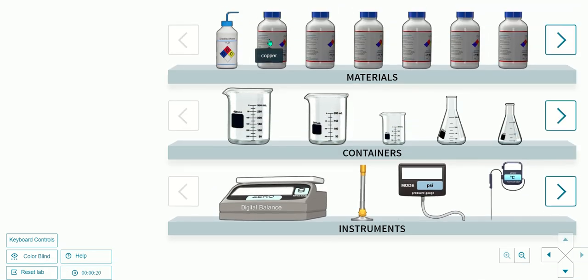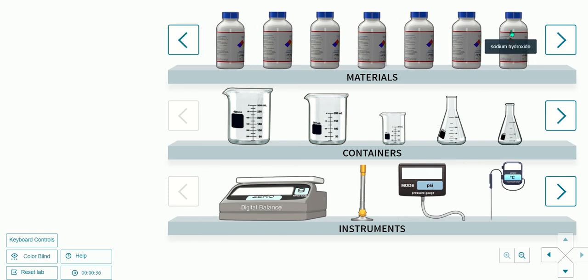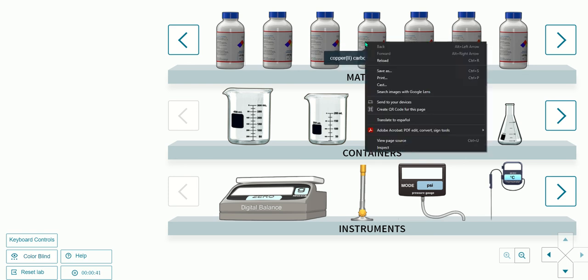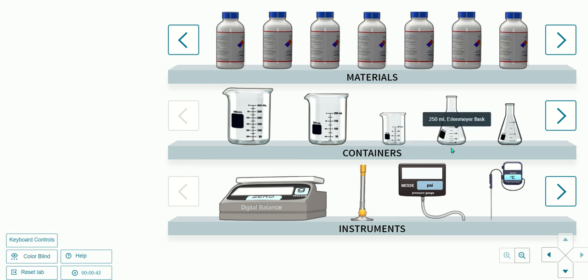That's copper. Yeah, that says copper. That's magnesium, and I'm sorry, my cursor's not helping. This is zinc. Okay, here we go. Copper 2 carbonate hydroxide. So make sure you're using the right one because there's a bunch in here. There's sodium hydroxide, sodium carbonate, there's a bunch. So make sure you are using the correct one.